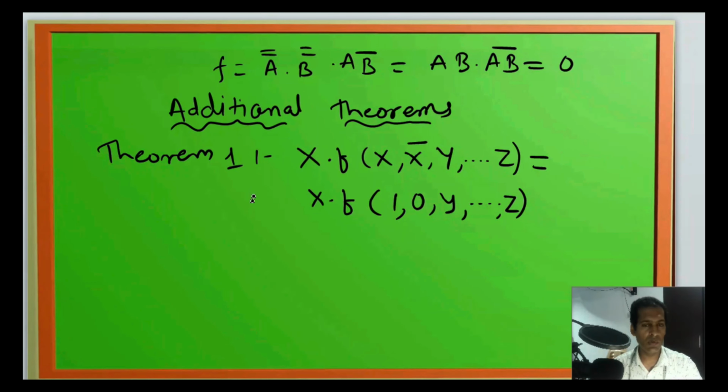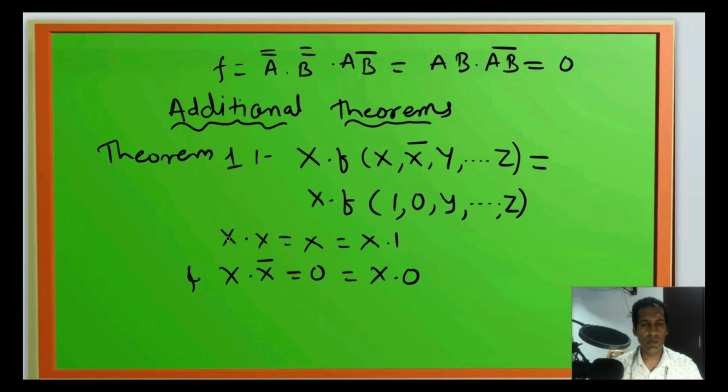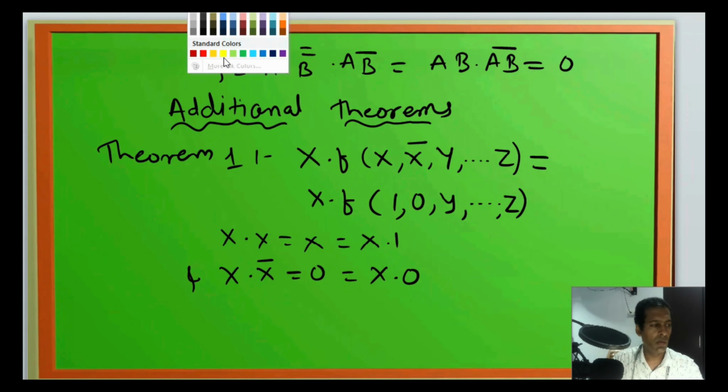This is permissible because x dot x is equal to x, that is x into 1, and x dot x bar is equal to 0, that is x into 0.